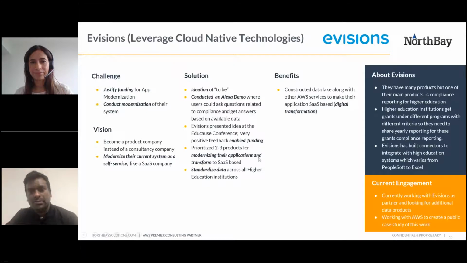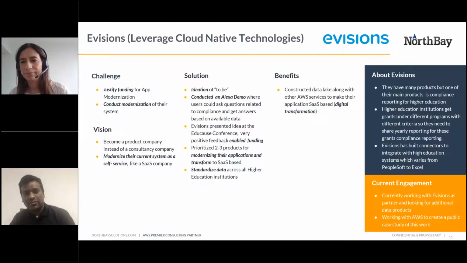So one of the use cases I'm going to talk about, we were fortunate to work with these type of focus areas, right? Where we work with an EdTech provider called eVision. What they do is provide the reporting and analytics mechanism for gathering information for qualifying for grants, so that they comply with what the grant proposals say, and also in case of audit, there is an audit mechanism, so this is where the information is coming from.